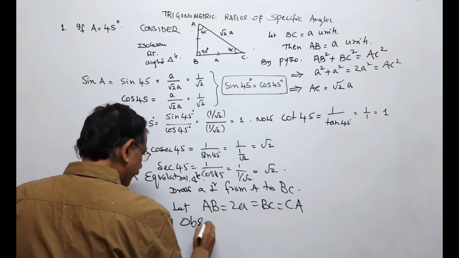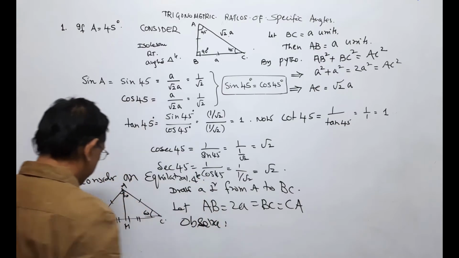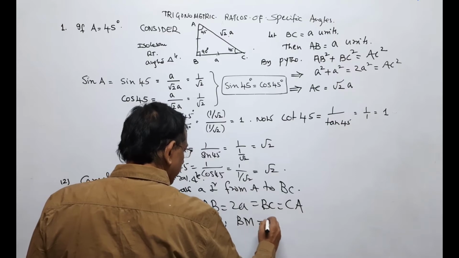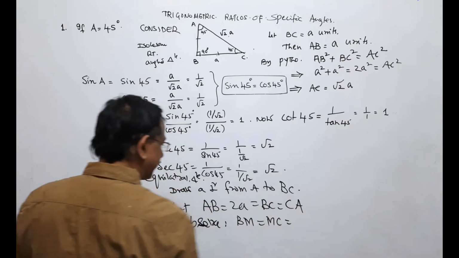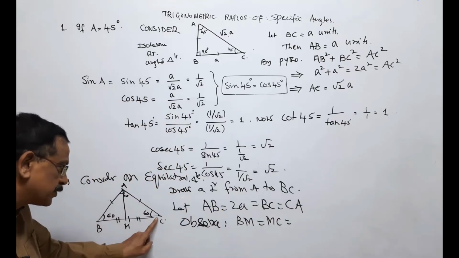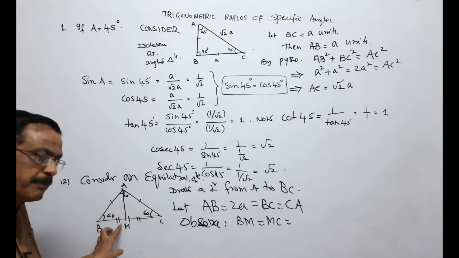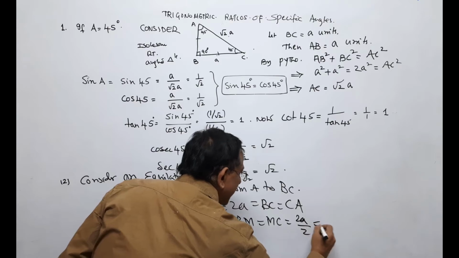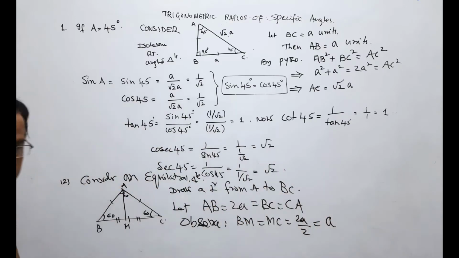Observe, BM is equal to MC, which is BC by 2. BC is 2A, so BM will be half, 2A by 2, which is A. Each is of A units.